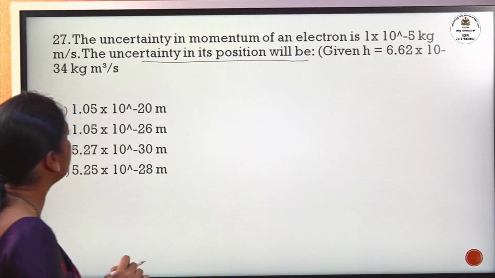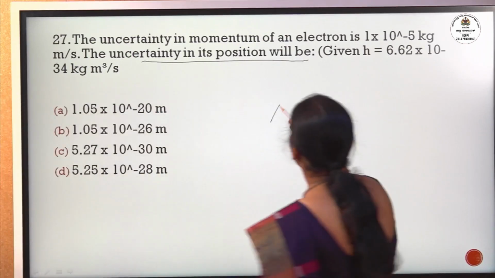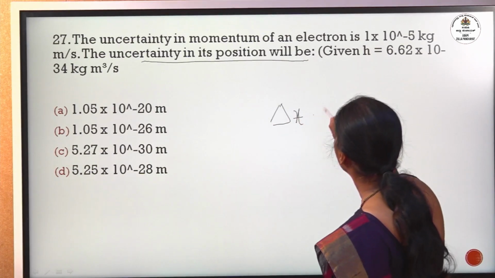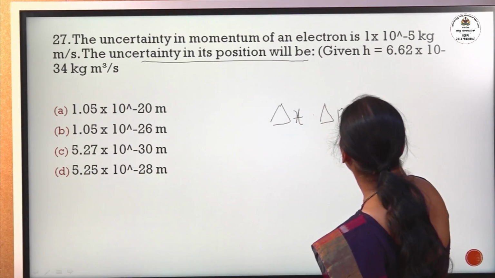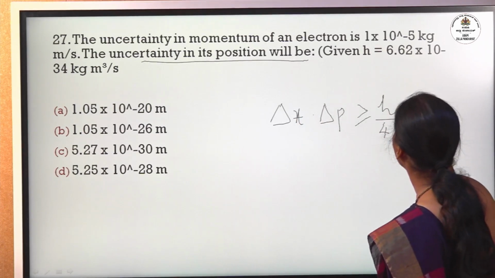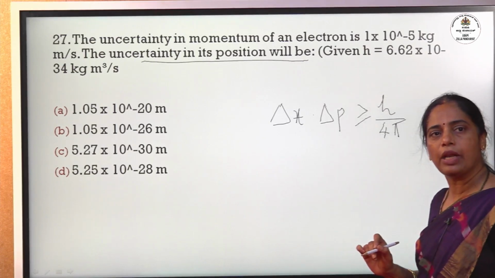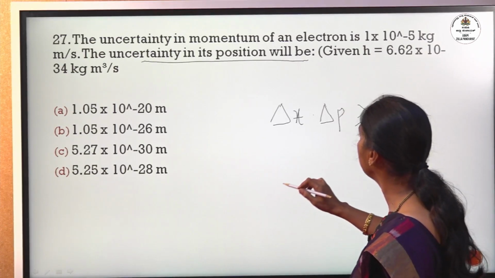Uncertainty in momentum is given. So, delta x into delta p is greater than or equal to h by 4 pi. This is the formula from Heisenberg's uncertainty principle.